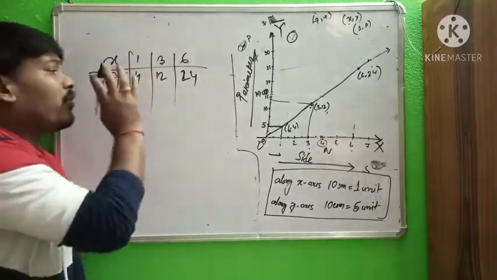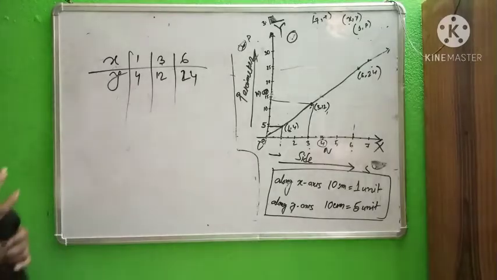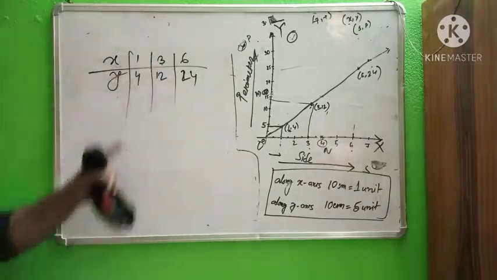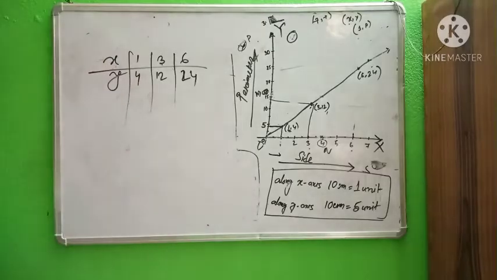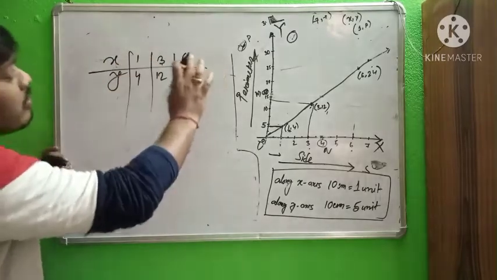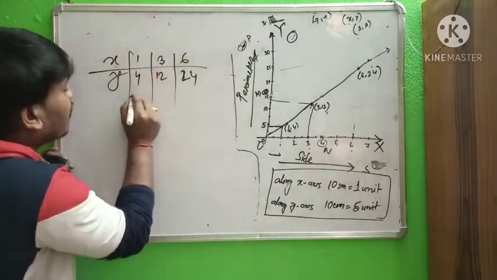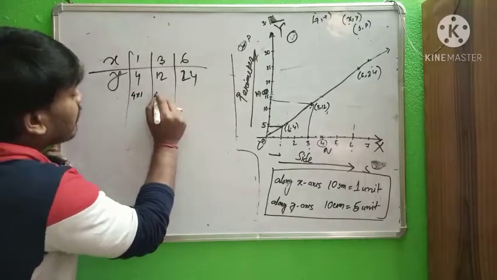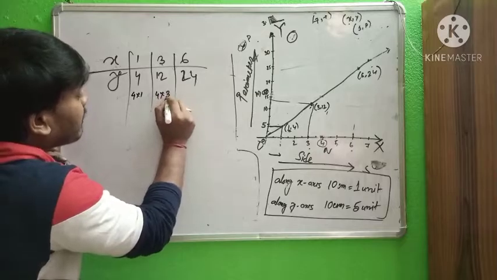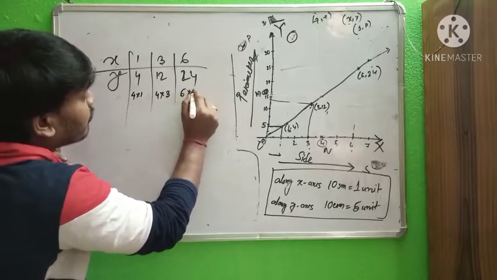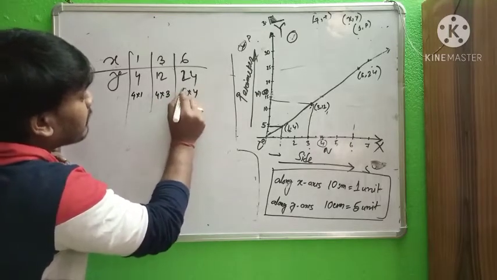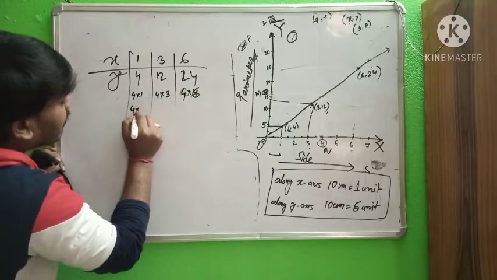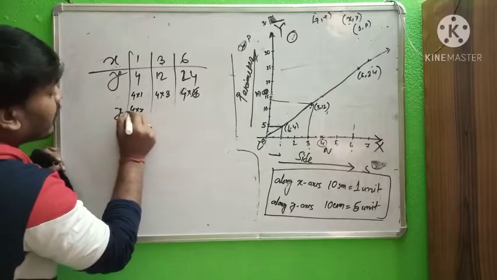We need to find in which relation x is related to y. So first you see the values very carefully and compare. We can write in this way: 4 equal to 4 into 1, 12 equal to 4 into 3, 24 equal to 6 into 4, or 4 into 6. So that means y equal to 4 into x.